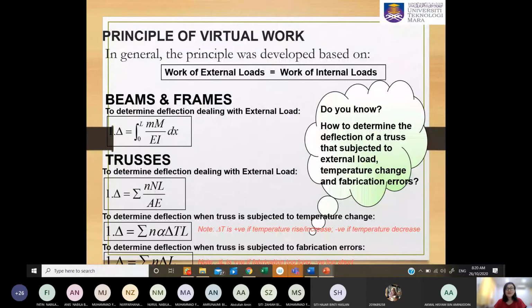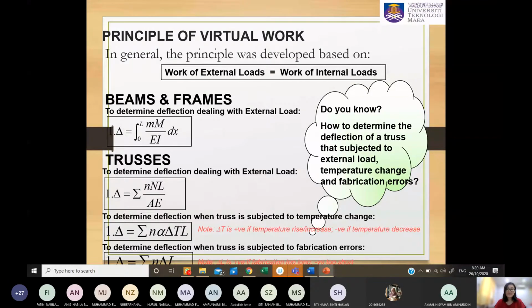It is different from the truss analysis, but I'm not talking about the concept. I'm talking about the equations used, because if you still remember the truss, we do not have any bending moment, and we always deal with axial force, either compression or tension.